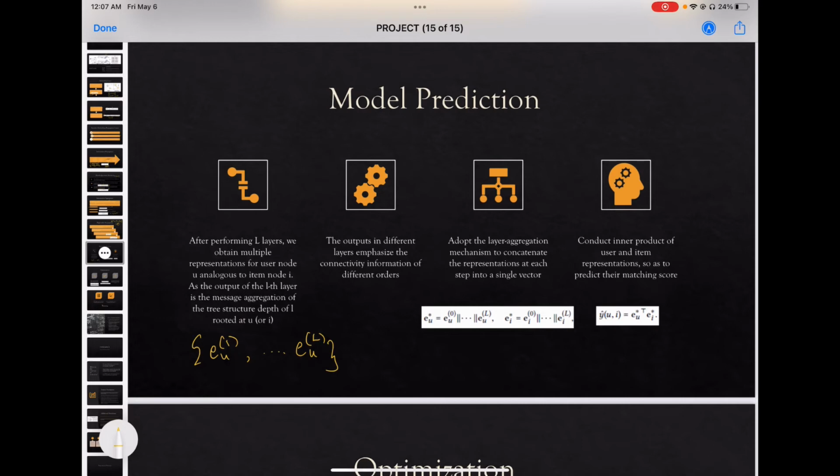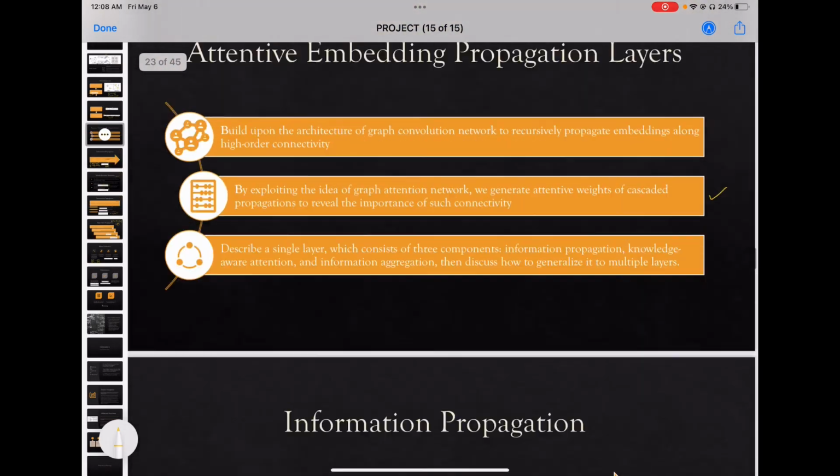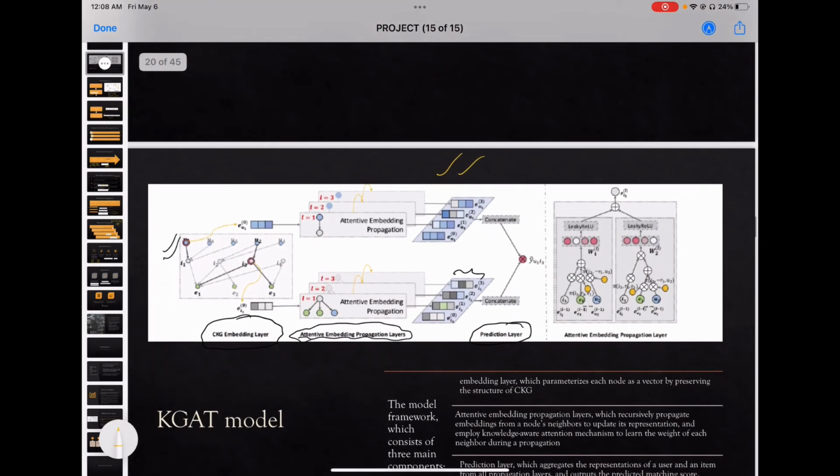Also, analogously, item node I has the set eI of 1 all the way till eI of L. As the output of the L-th layer is the message aggregation of the tree structure of depth L rooted at U, as shown in figure 1, which is here.